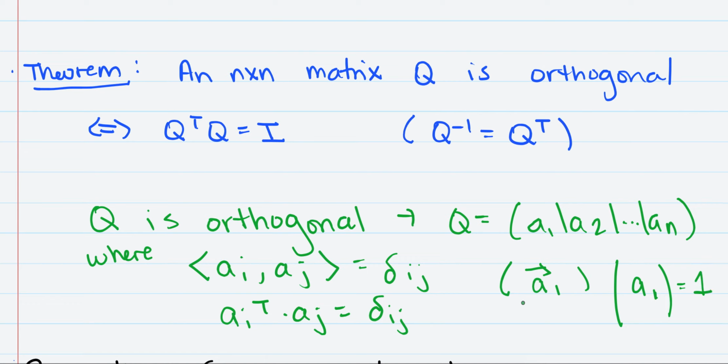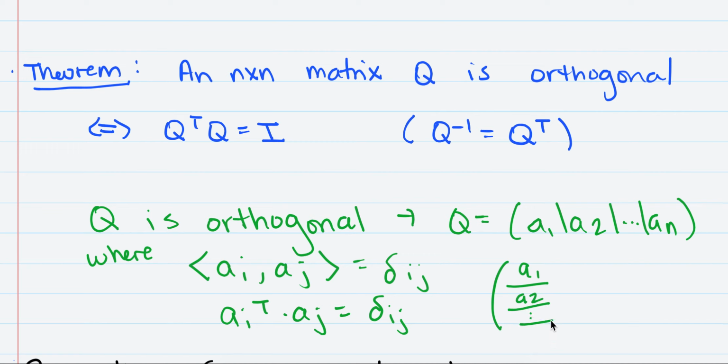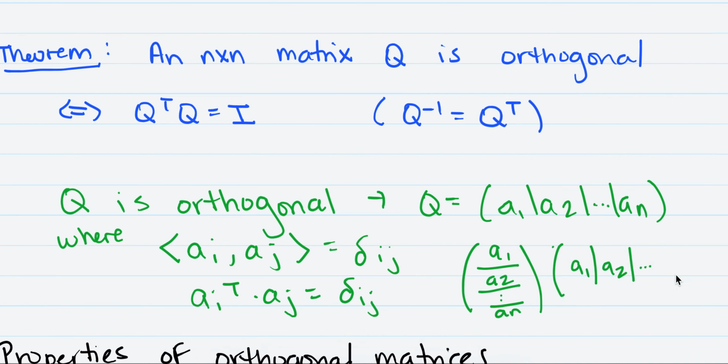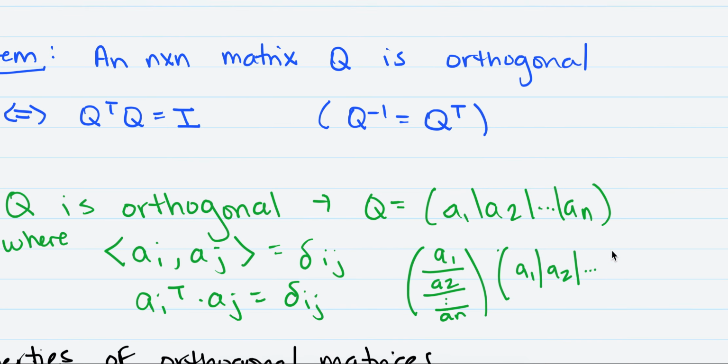What I'm trying to get at is if you think about the transpose of Q, which would look like A1, A2 to An as rows, and I multiply it with Q, which is A1, A2 to An as columns, what would I get? Well, we're taking a column which has the same number of entries. This is the column, this is the row, we just flipped it, so we can take the dot product.